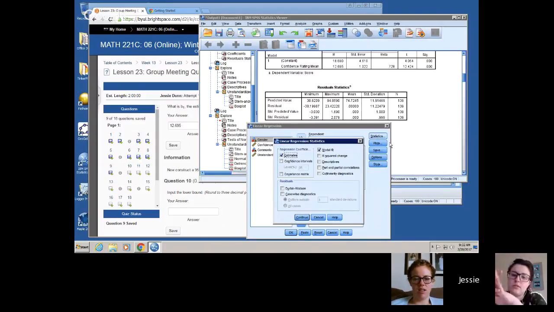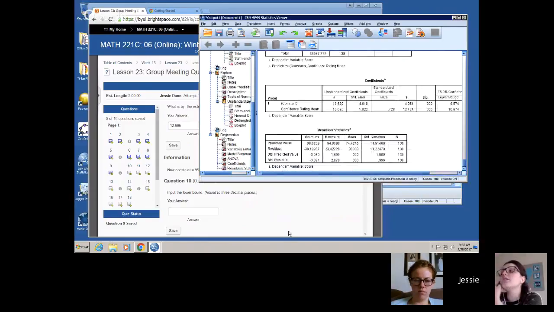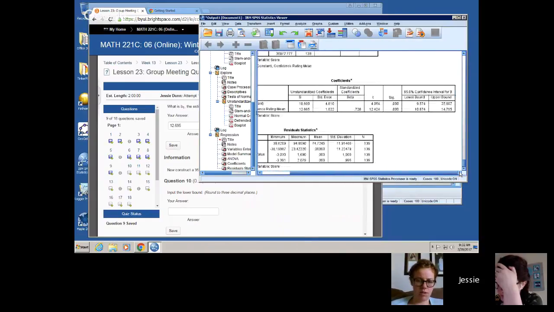Oh, confidence interval. Statistics. And then continue. I need to write that down. And then. I hope it is. So we're doing the bottom numbers, right?